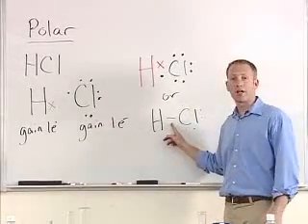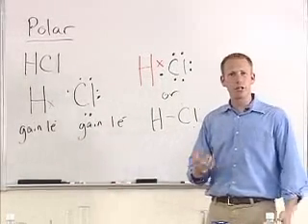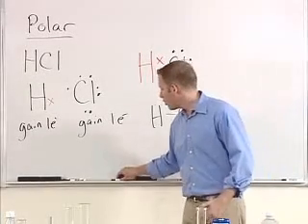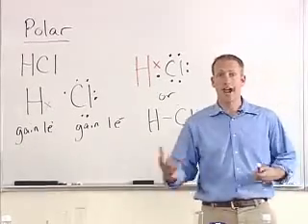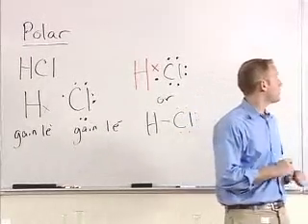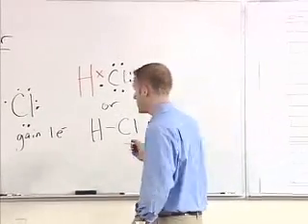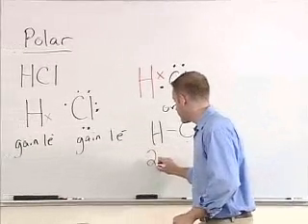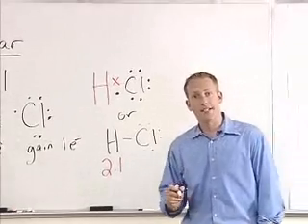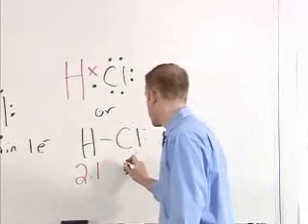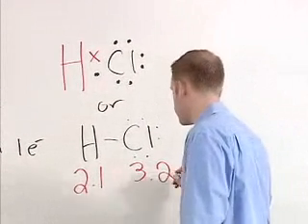Yeah, they're both sharing electrons, but is one of them pulling a little harder? Let's see what the electronegativity is, because that represents how much it wants to gain an electron, or the attraction for electrons. Hydrogen has an electronegativity of 2.1. Chlorine has an electronegativity, as we talked about before, of 3.2.